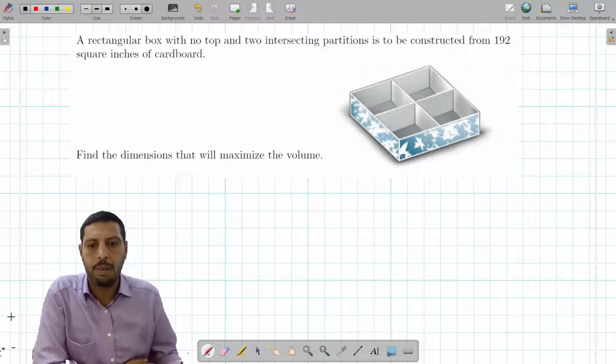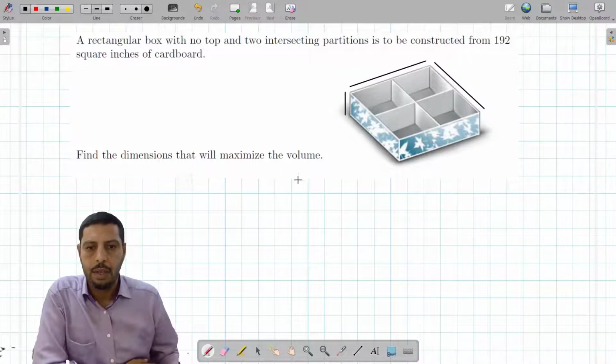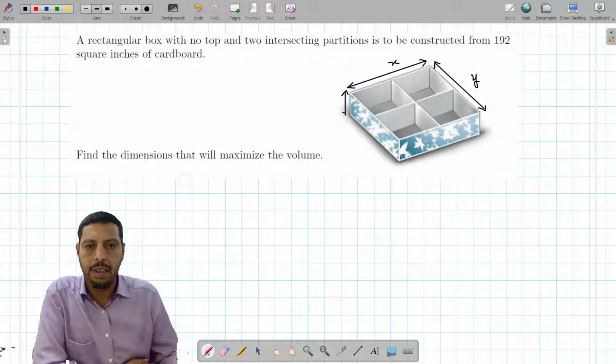Before starting this problem, we have to set our variables, which are the dimensions of the box. So let's set x, y, and z as variables. The x is the width, the y is the length, let's say, and the z is the height of this box.